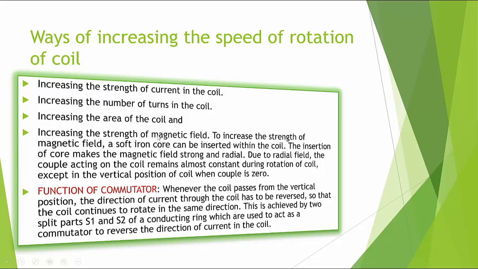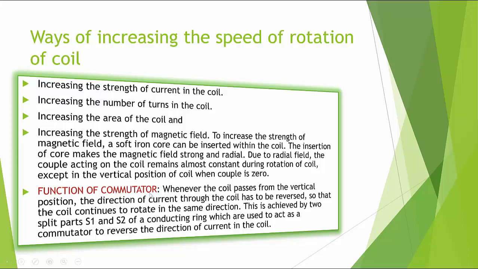Fourthly, we can increase the strength of the magnetic field. To increase the strength of magnetic field, we have to place a soft iron core inside the armature coil. The armature coil was rectangular, right? And inside it, if we place a soft iron core, that can increase the magnetic field.